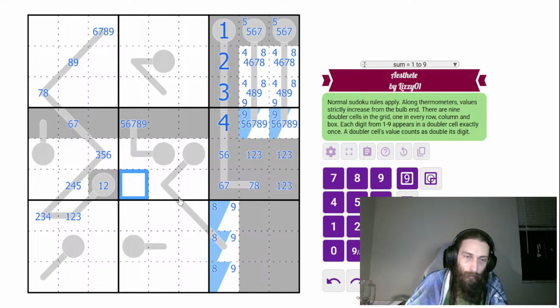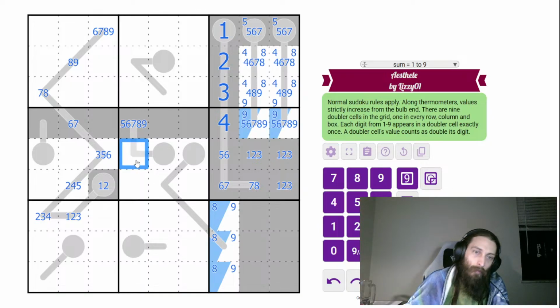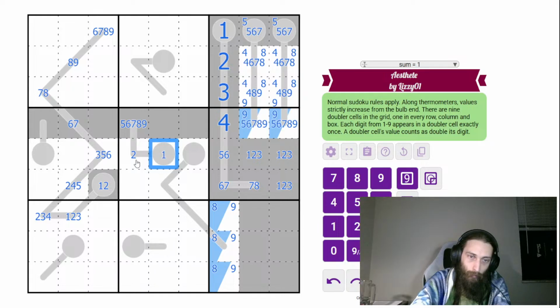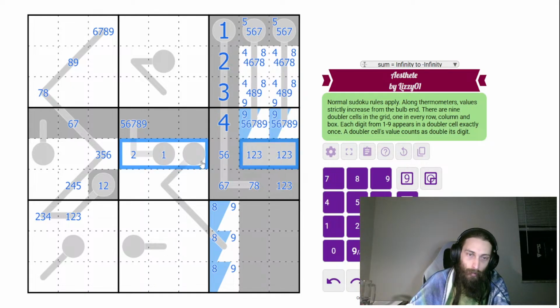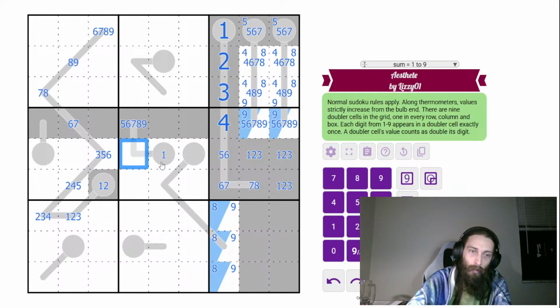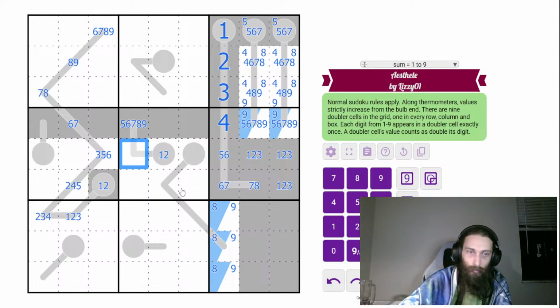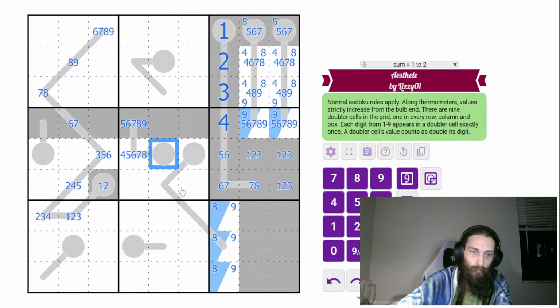Take that out. It's too much stuff. We know that this one cannot be a 2 or a 3. Because if it was a 2, it would be preceded by a 1, which breaks the row. And if this was a 3, it would be preceded by 1 or 2, and that's also too much. So 4, 5, 6, 7, 8.